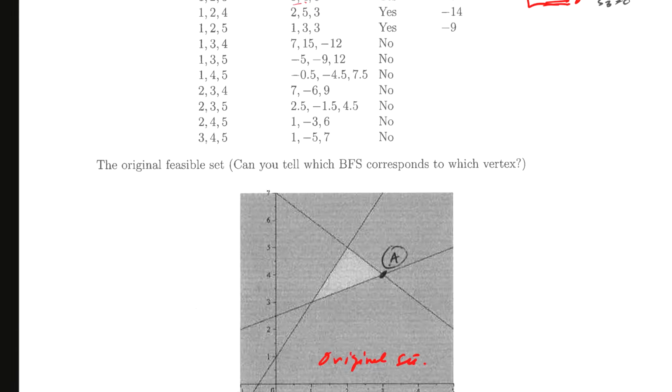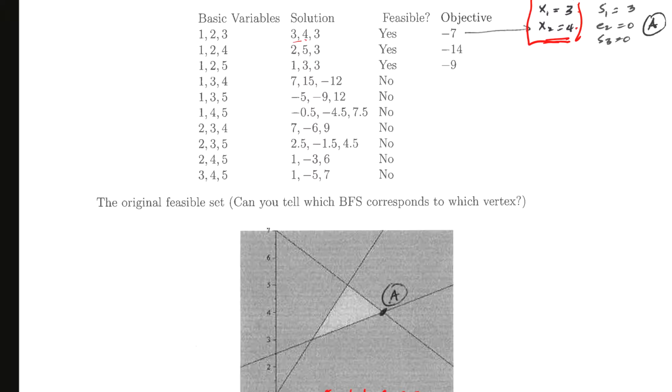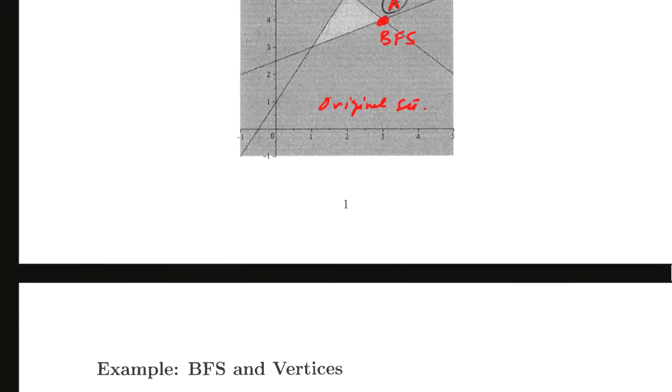And if we go to the point that's listed there, 3, 4, we end up at this point A. Okay. Now we said that this was a BFS, right? So that corner point corresponds to a BFS. Now, similarly, we could do the same thing for the next one.